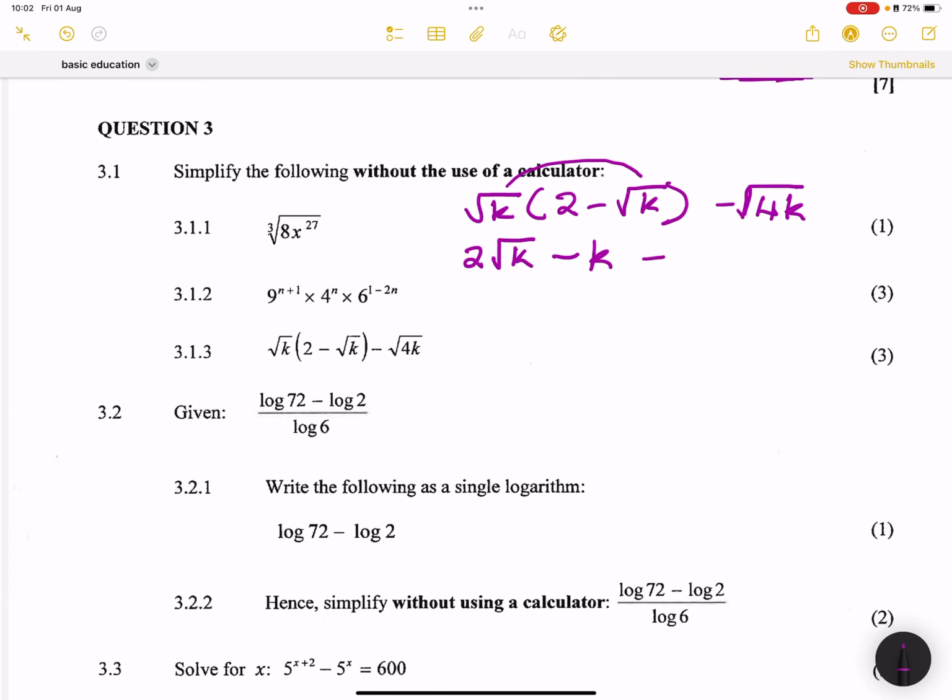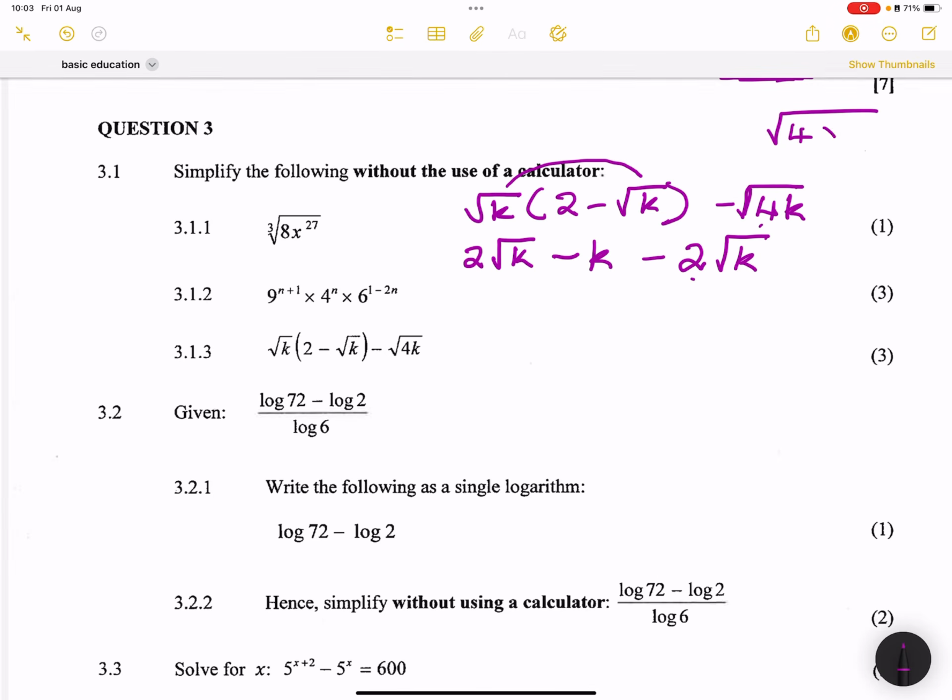I've got square root of 4, that's the same as 2, the square root of k. Now I want you guys to note square root of 4 is 2, and the k still remains under the square root. What we've done is we've used the law of surds.